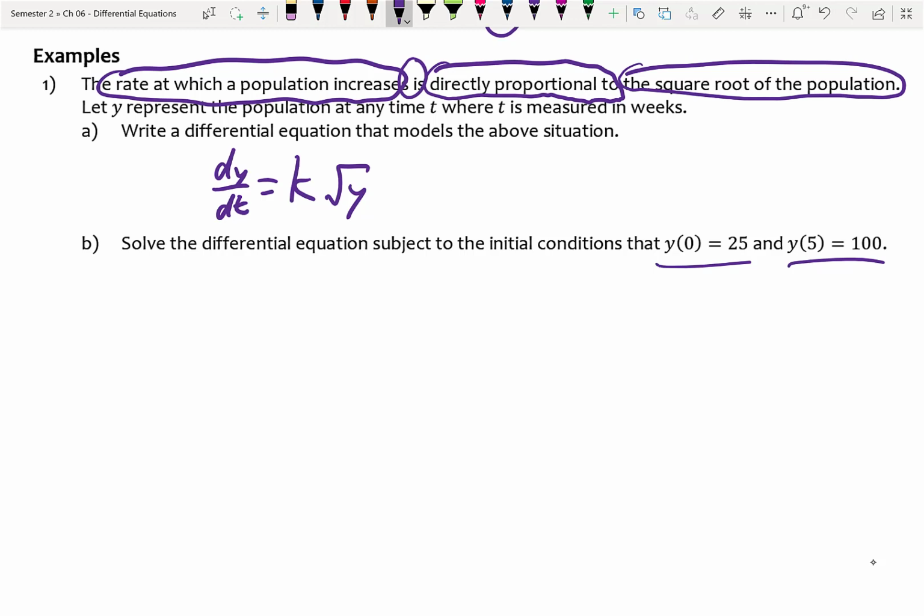To start, we're going to first try to separate this. It's a separable differential equation. Tomorrow and the next day, we deal with the ones that you can't separate. But this is separable, meaning I can divide both sides by root y, and I can multiply both sides by dt to get k dt, and we integrate both the left side and the right side.